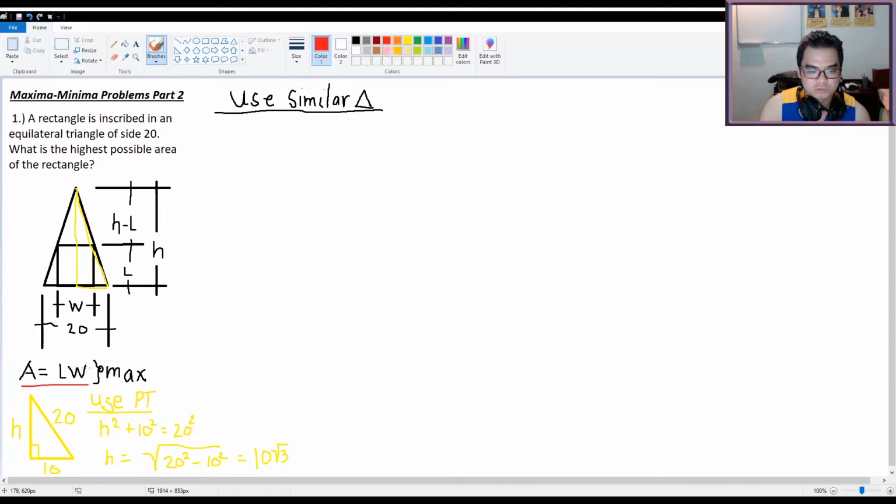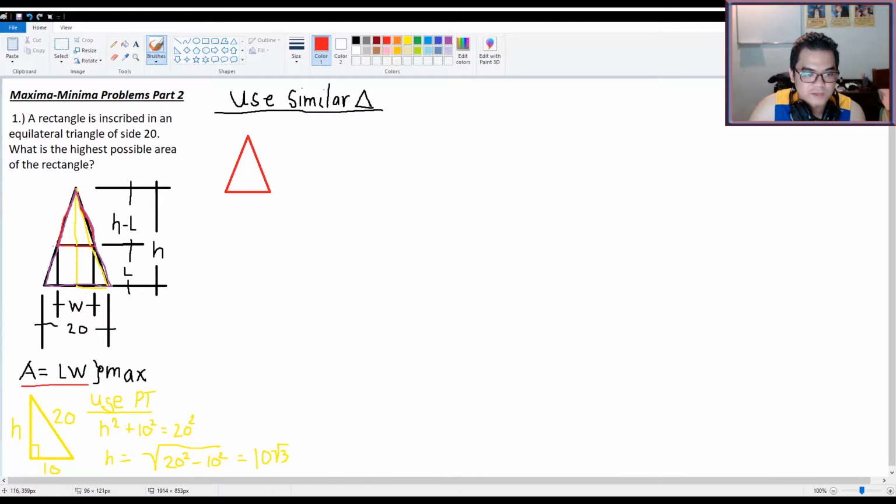So we must eliminate either the length or the width, to get an equation containing only length or only width. Using similar triangles, we can use this small triangle as the first triangle, and the second triangle is the big one, the original triangle. So using first the small triangle.